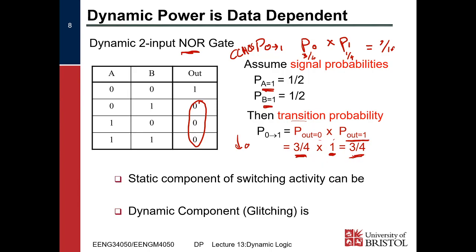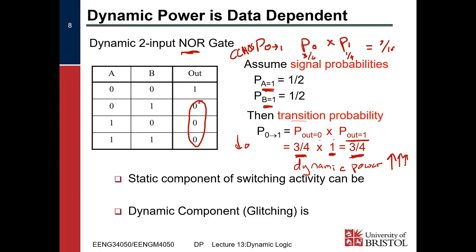So therefore, the probability of a dynamic gate switching is much higher, right? Therefore, the dynamic power is much higher, because we always have to charge back up to a 1 if we discharge down to 0.